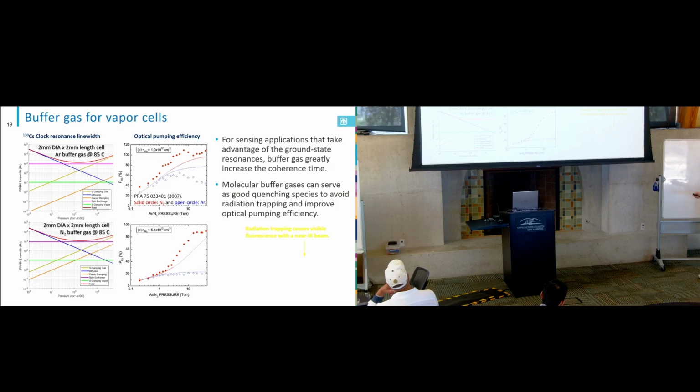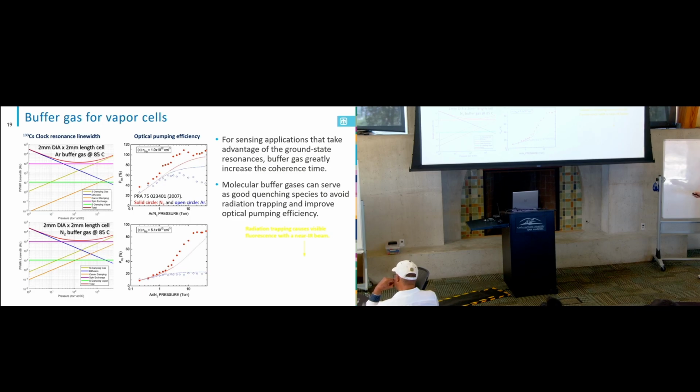So if you look at the line width, for example, here, these two plots illustrate two examples using argon and nitrogen as buffer gases as a function of the gas pressure. And we also include all different spin relaxation mechanisms here for different lines. The red curve is the sum, the total spin relaxation rate.